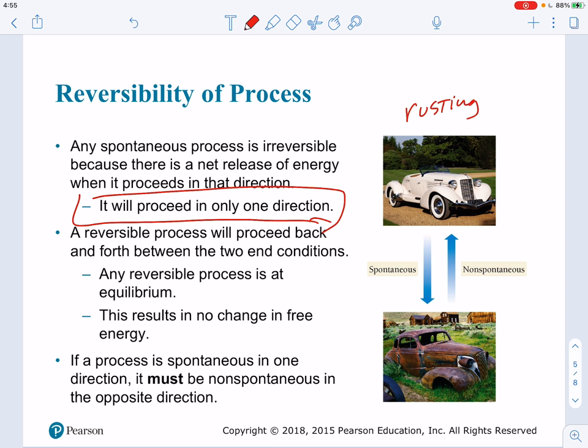Roasting is spontaneous. The process of roasting going from here to there is spontaneous. The other process is non-spontaneous. So basically what this means is that this reaction will be driven towards the roasting constantly. There is no equilibrium situation. The spontaneity of the reaction is driving the reaction, and we will drive it to completion.